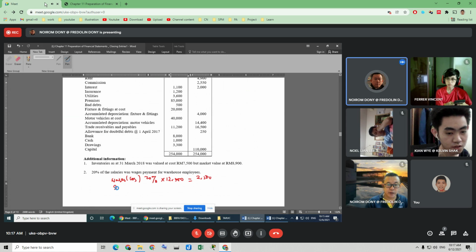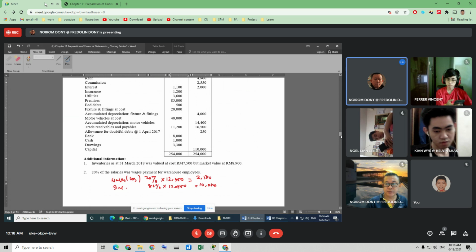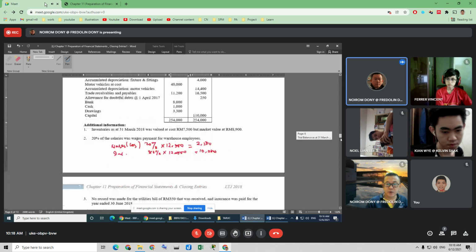So you don't include the salary in the cost of sales for the 80% here, according to this information. So the salary is 10,000. The 2,500 goes to cost of sales. Okay, we go one by one.